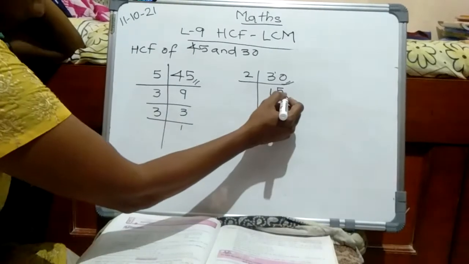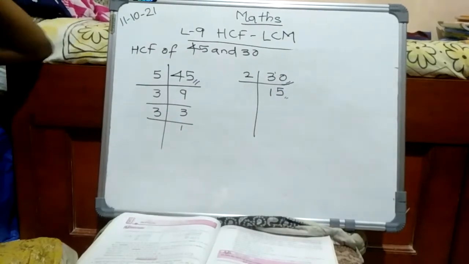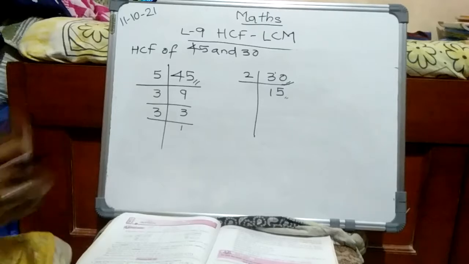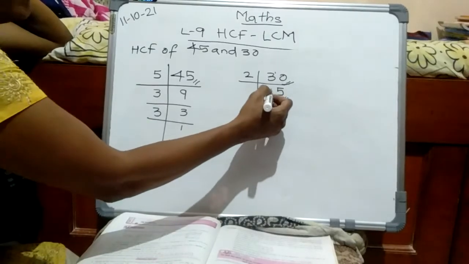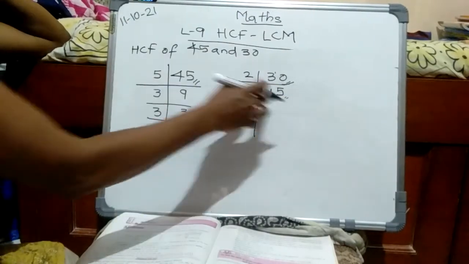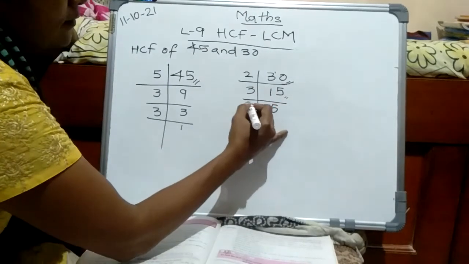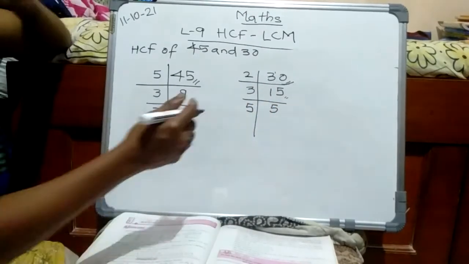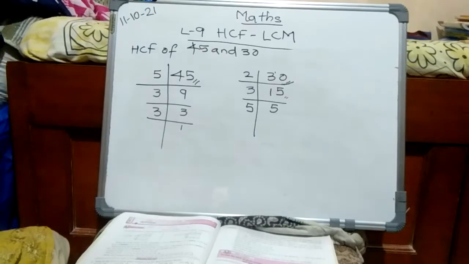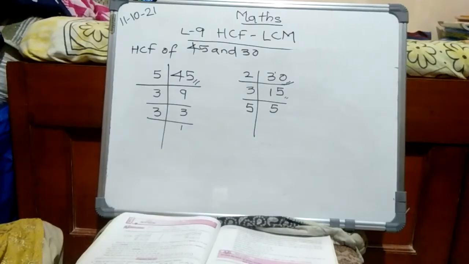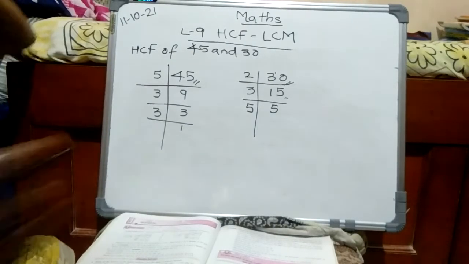Now for 15, the next prime factor will be 3, because we know the divisibility test for 3: 1 plus 5 is equal to 6, so this number is divisible by 3. So 3 fives are 15. Here 5 is left, so 5 ones are 5.